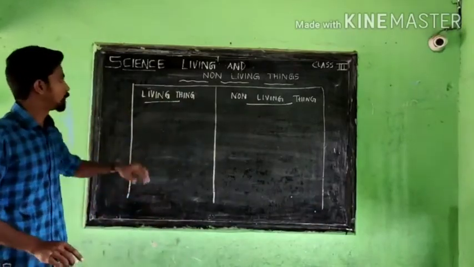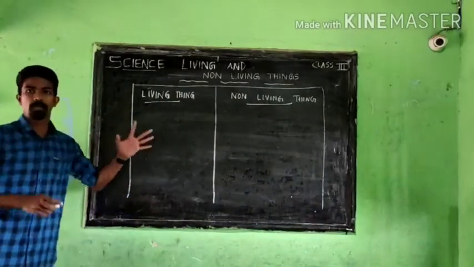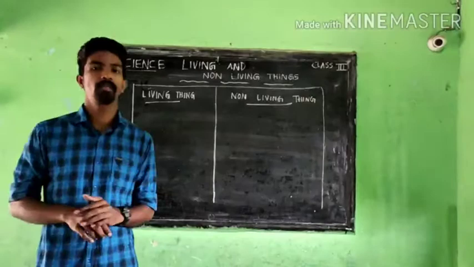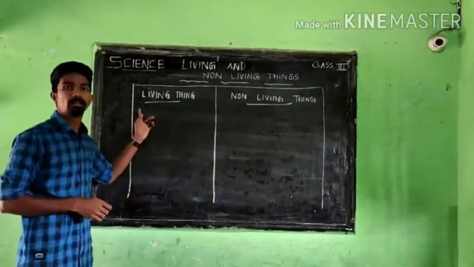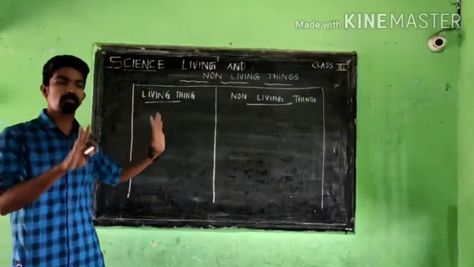First, in the story, the living thing is a dog and the non-living thing is a car. So we'll differentiate them with the help of the story itself.